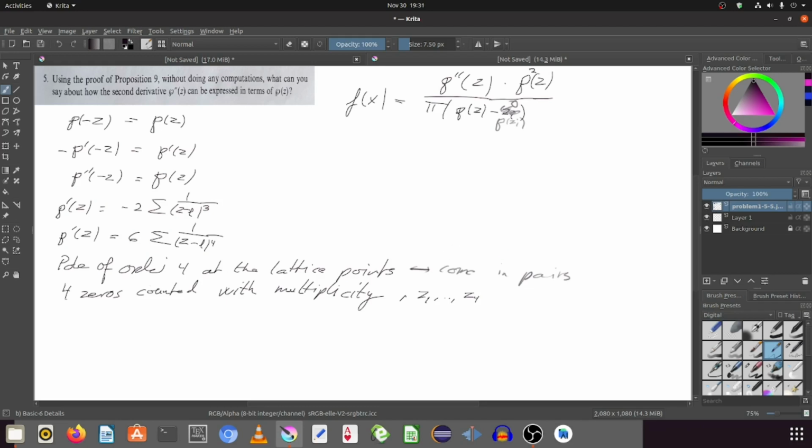Exactly because, now which function is it? It's the double derivative. It's even, and so minus the same, -1. So it's z1 and then minus z1 and then displaced into the lattice, or maybe only one of them. But so they come in pairs. So actually there are only 2 factors here.